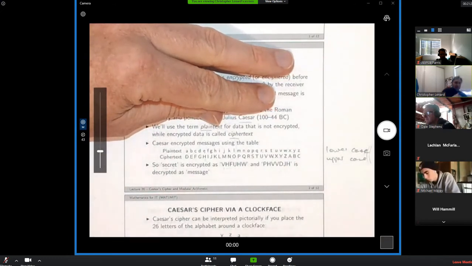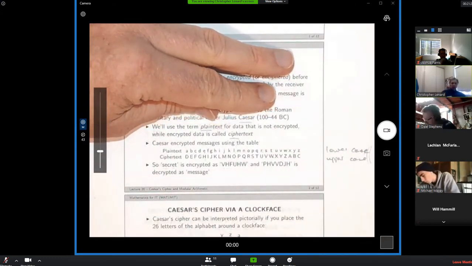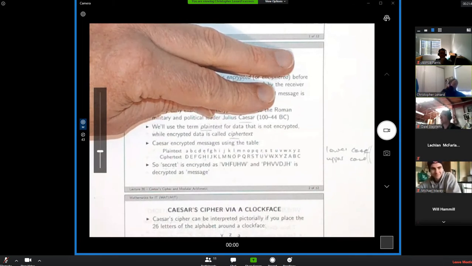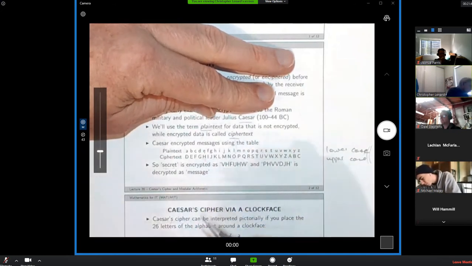And that'll be the mathematics behind it, this idea of giving a numerical value to the plain text and then shifting or adding something to it. And then that gives you a new numerical value, and then that numerical value gets transformed back into a ciphertext character.